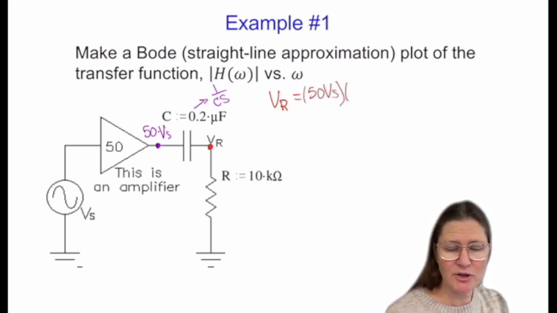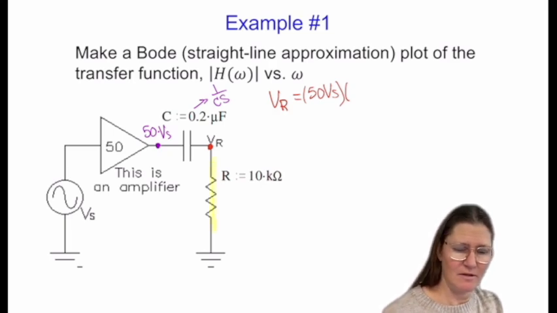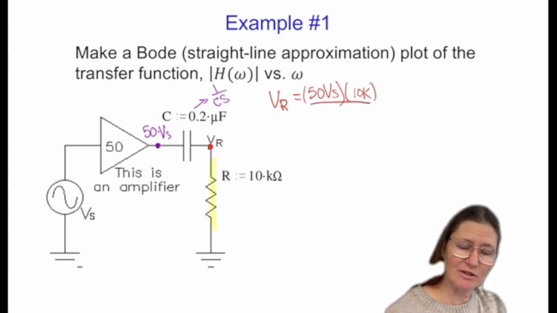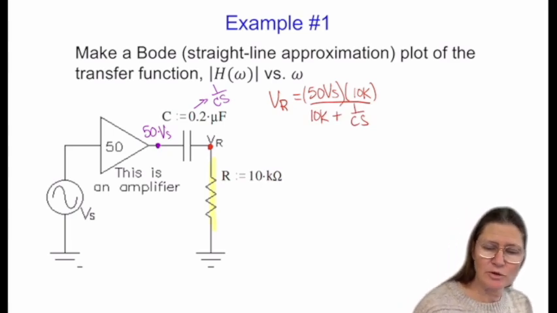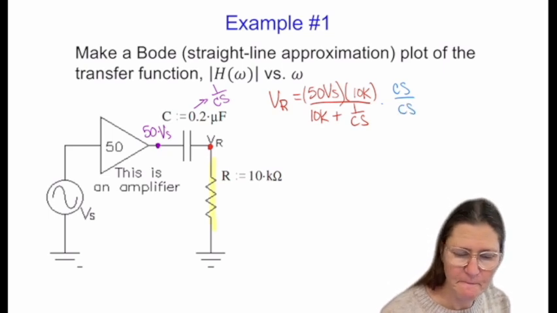And what element am I trying to find this across? It will be across the resistance, so this one will have 10K on the top and then 10K plus 1 over CS on the bottom. Doing the same thing, multiply by CS on the top and bottom.